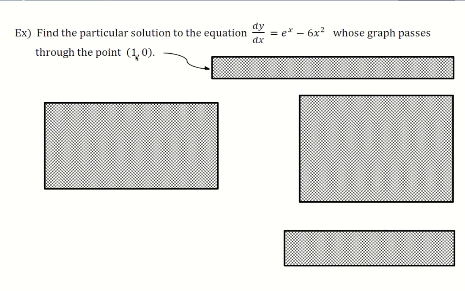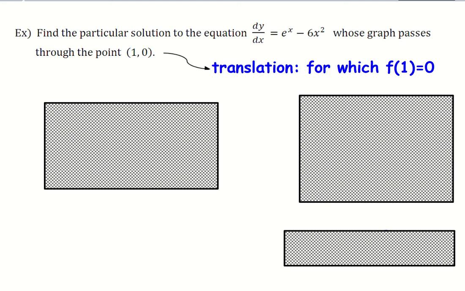Alright, so possibly the only thing newish about this example is just maybe the way they present the information, like how they say whose graph passes through the point (1, 0). They're basically saying for which f of 1 equals 0.